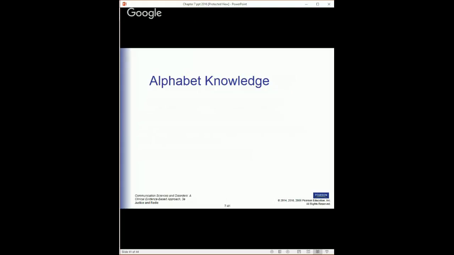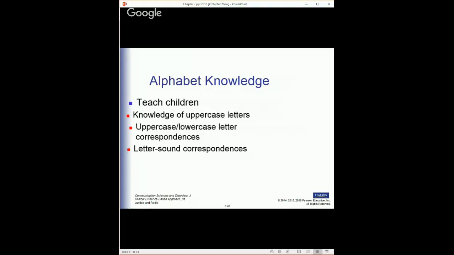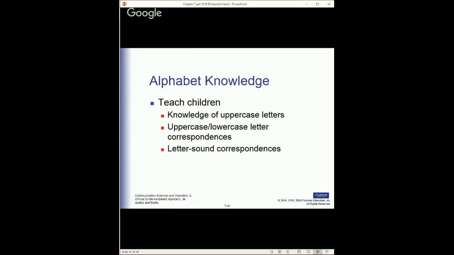The next thing will be alphabet knowledge. In teaching children, you're going to want them to have knowledge of uppercase letters and uppercase and lowercase letter correspondences and letter sound correspondences. Letter sound correspondences would be like the letter N makes the N sound.